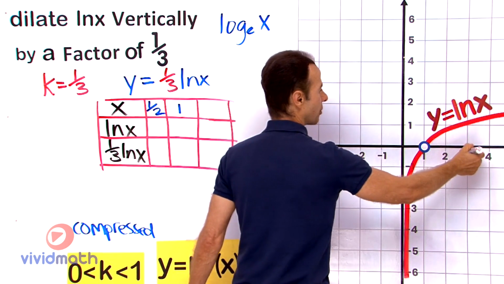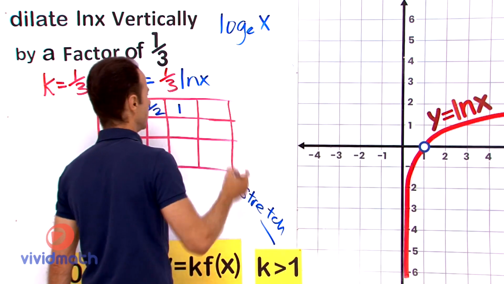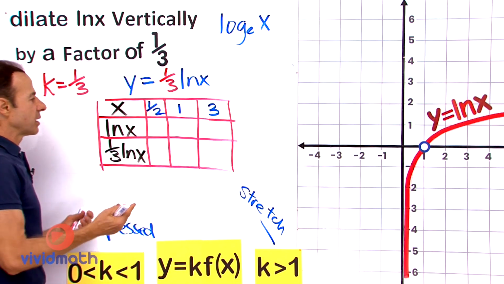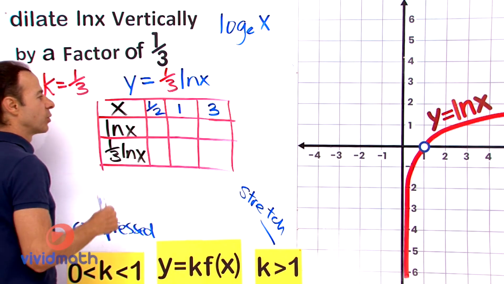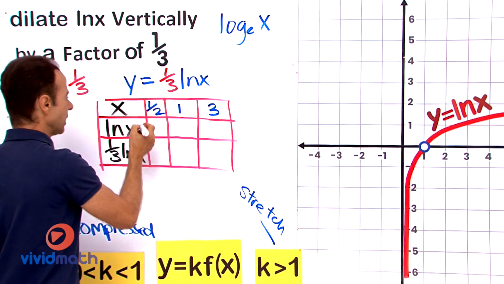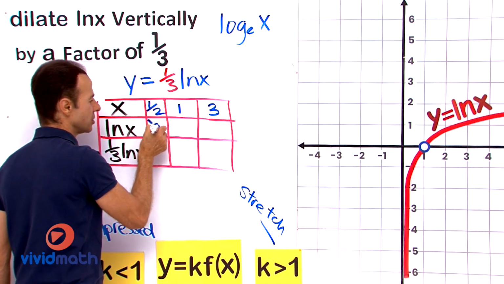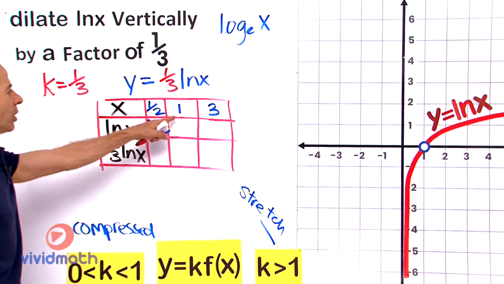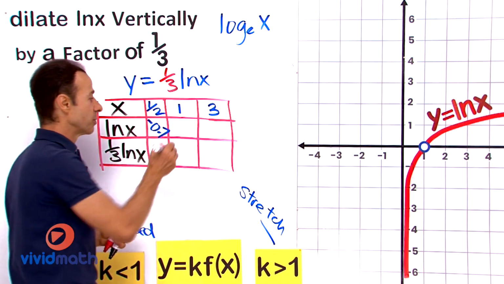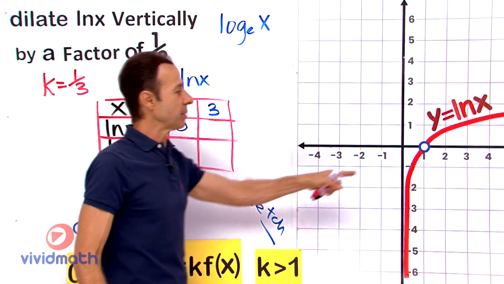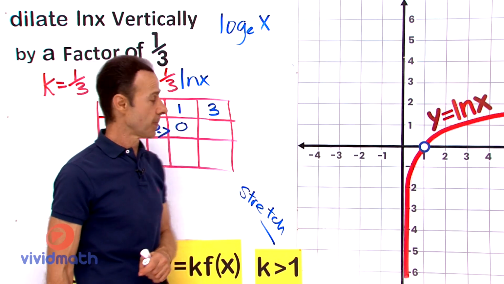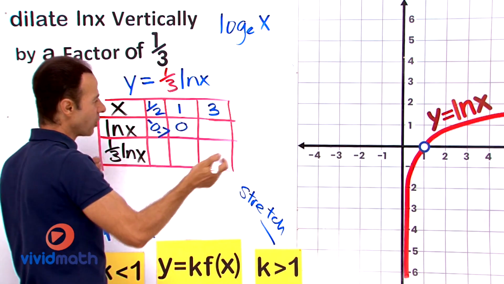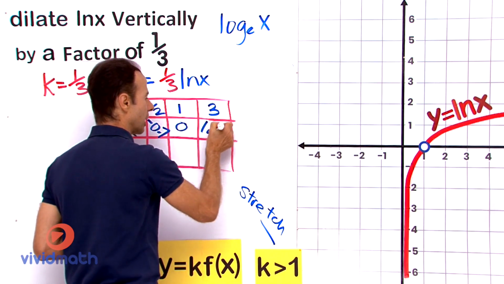And let's go over here to 3. Okay, let's substitute now. You use your calculator. ln 1/2 on your calculator is approximately minus 0.7. Let's put in 1. ln 1 on your calculator will be 0, as confirmed already by that point right there, it cuts right through (1, 0). Let's go over here. ln 3 on your calculator is approximately 1.1.